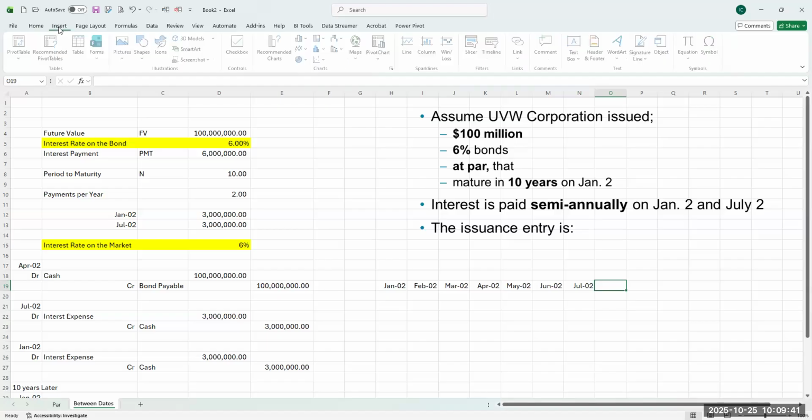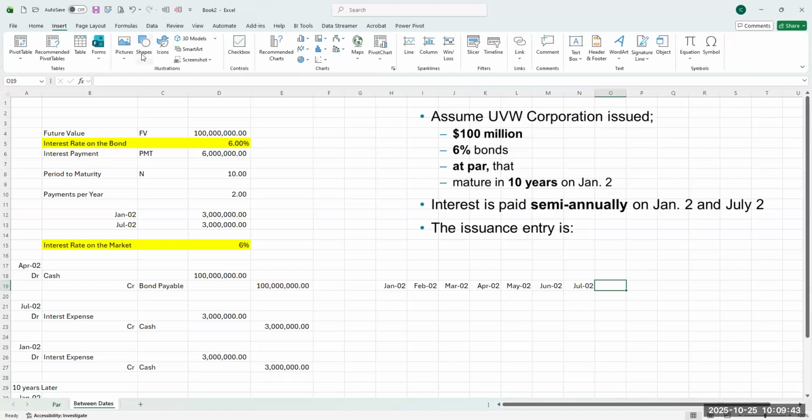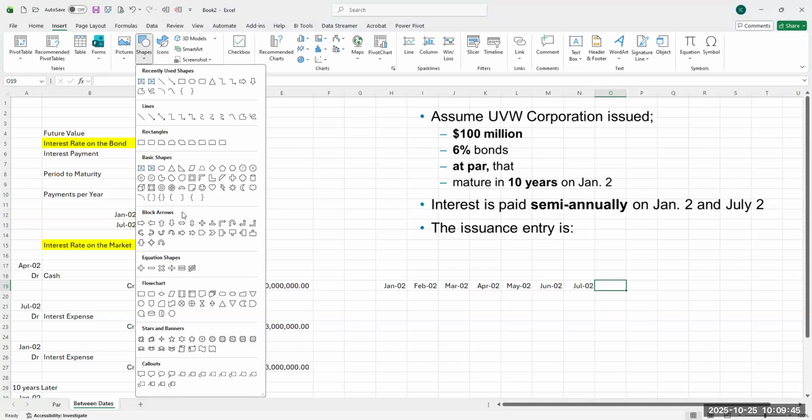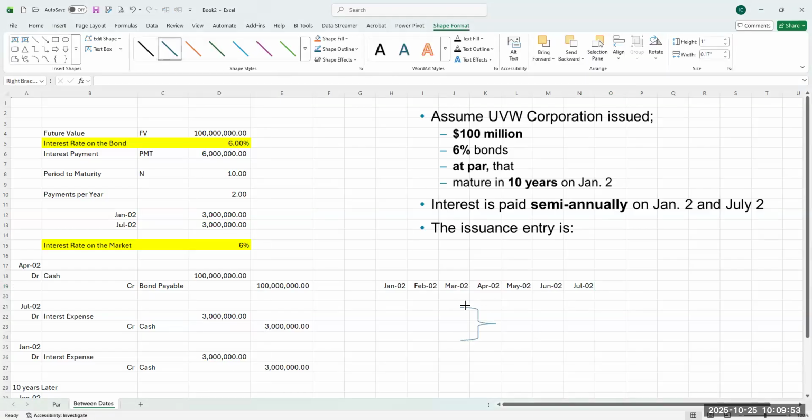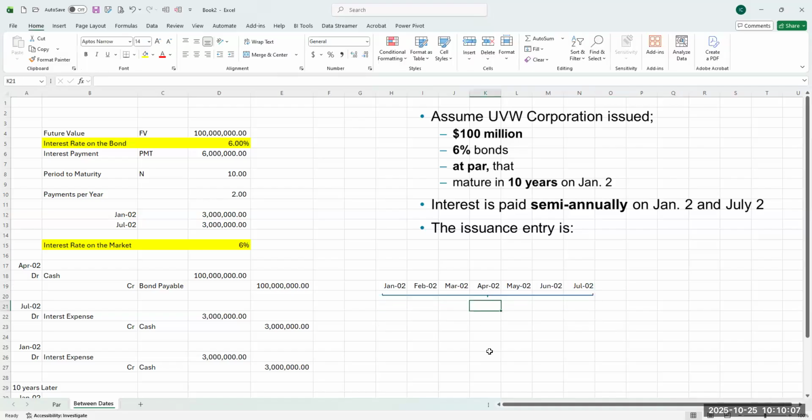Yes. Let's insert one shape here. This one. This includes 6 months.